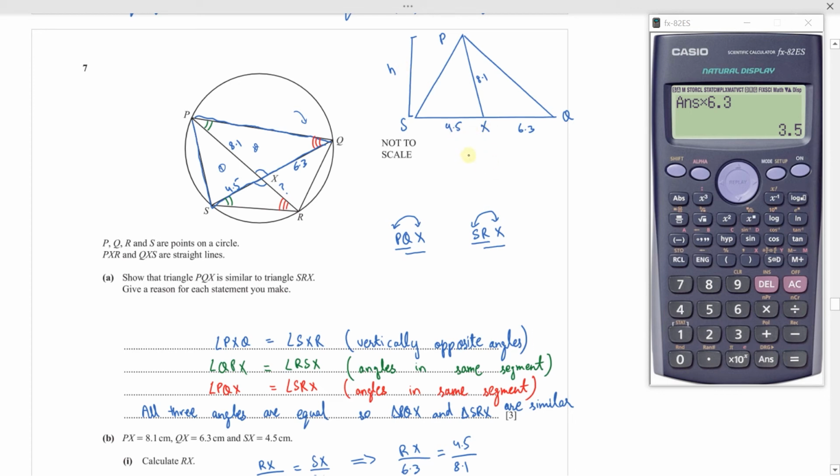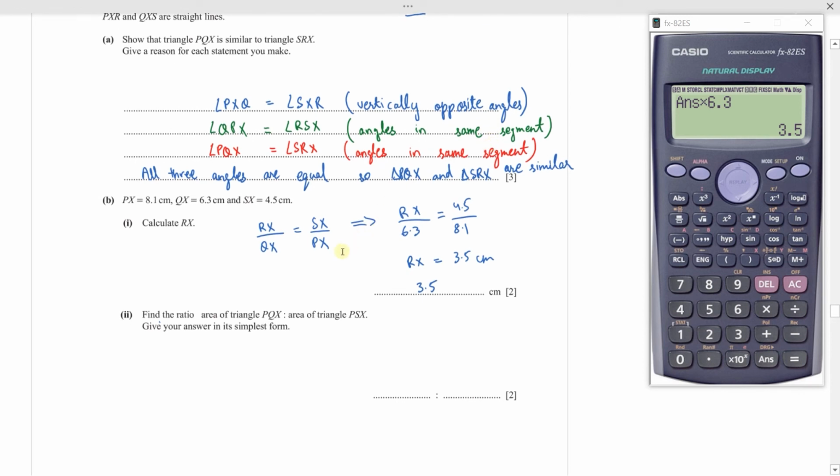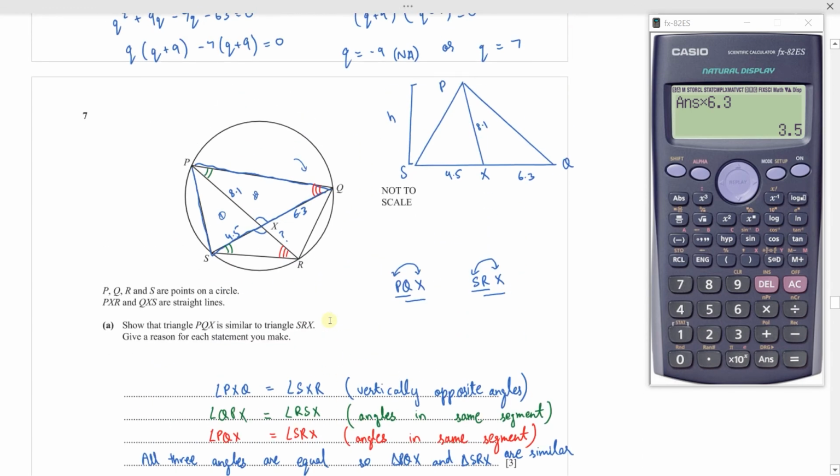So let's find the area using the formula 1 by 2 into base into height. We cannot use the property of similar triangles because we are not given nor have we shown that these two are similar. So I will just simply calculate the area. The ratio that we need to find is area of triangle PQX to area of triangle PSX.